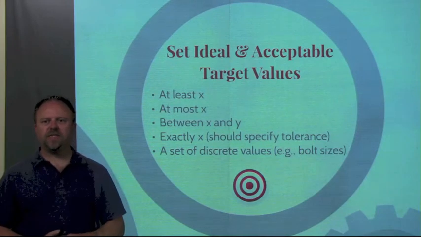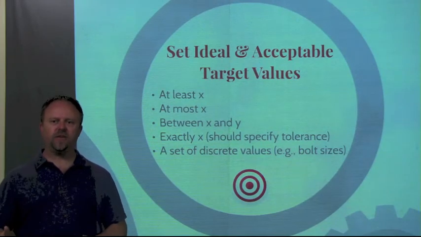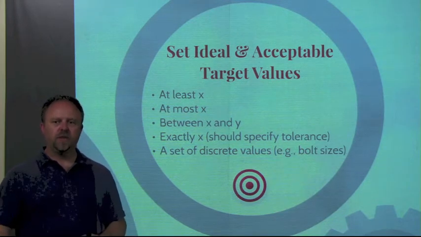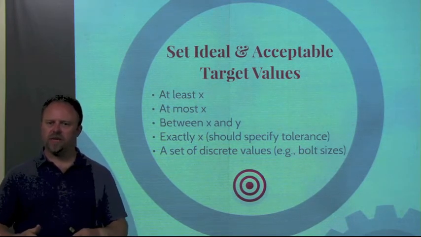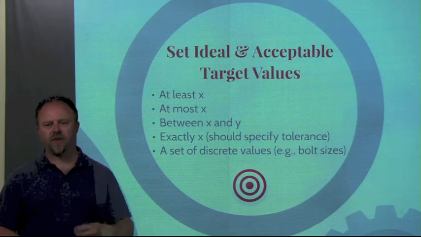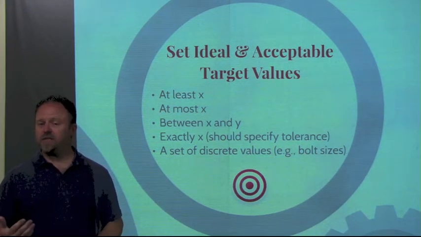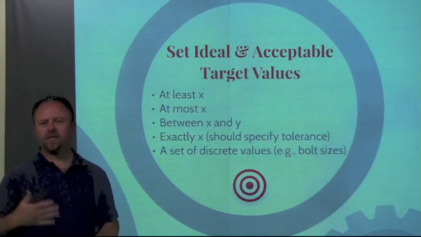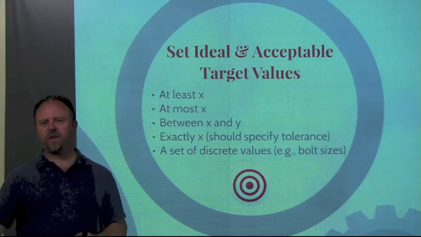And then we want to be able to set some ideal values, some target values that are going to be achievable, and ones that the whole team is going to accept and the customers will accept as the target values that we want. There's different ways that we can set those. We can set limits, so it could be at least some value or at most some value.